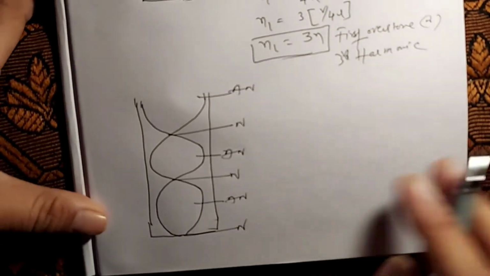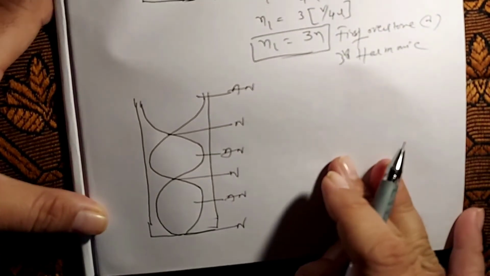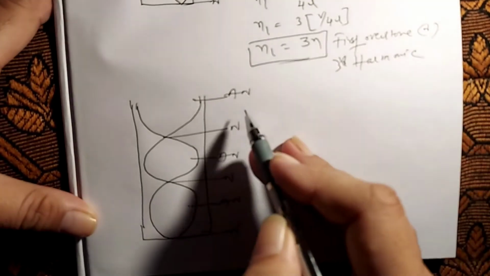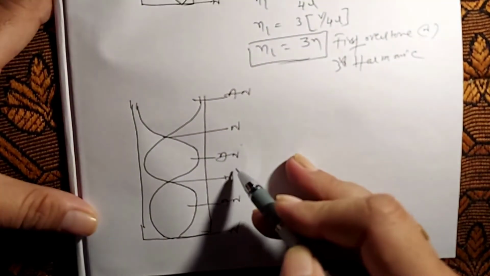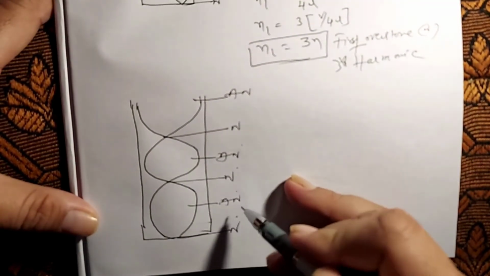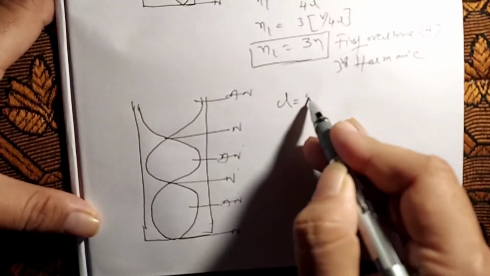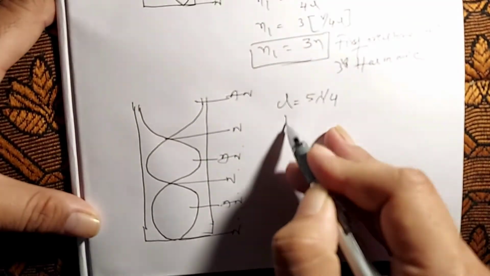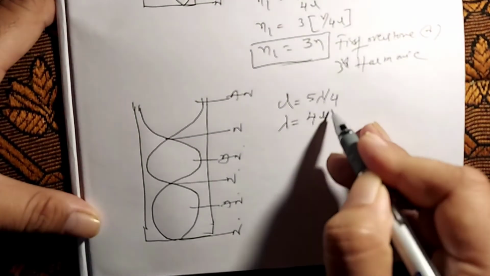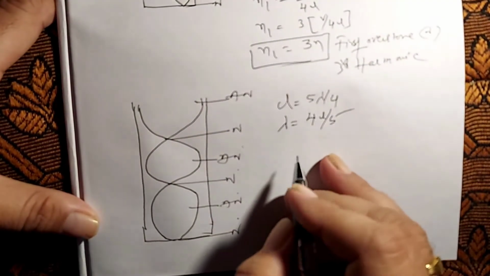Now let us calculate the length of the pipe or air column. Lambda by 4 plus lambda by 4 plus lambda by 4 plus lambda by 4 plus lambda by 4. That is, L is equal to 5 lambda by 4. So lambda is equal to 4L by 5.